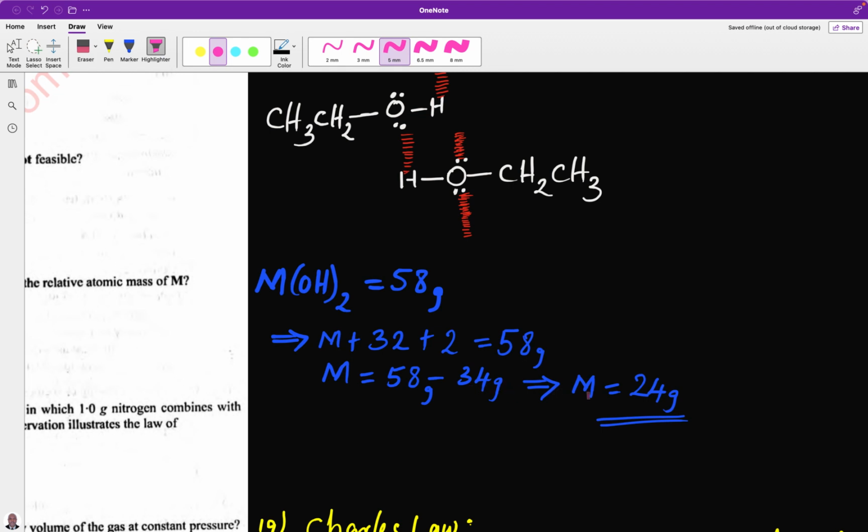And the value of M will be 24. That metal will be 24. And if we look on the periodic table, the metal that has the mass which is 24, let me just check briefly on the periodic table.